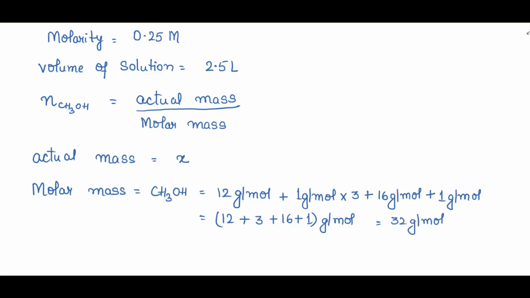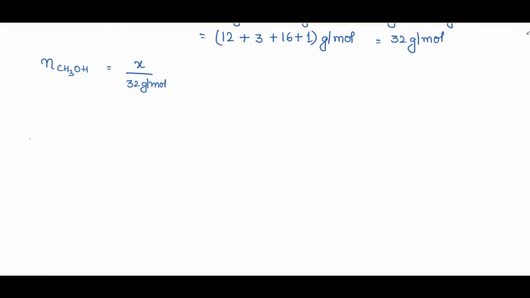Now put the values in the formula of number of moles. So n of CH3OH equal to actual mass, that is X, divided by molar mass 32 gram per mole. Let's put this value in the relation of molarity, right? So molarity is 0.25 molar equal to number of moles of solute, that is X by 32 gram per mole, divided by total volume of solution in liter, that is 2.5 liter, right?